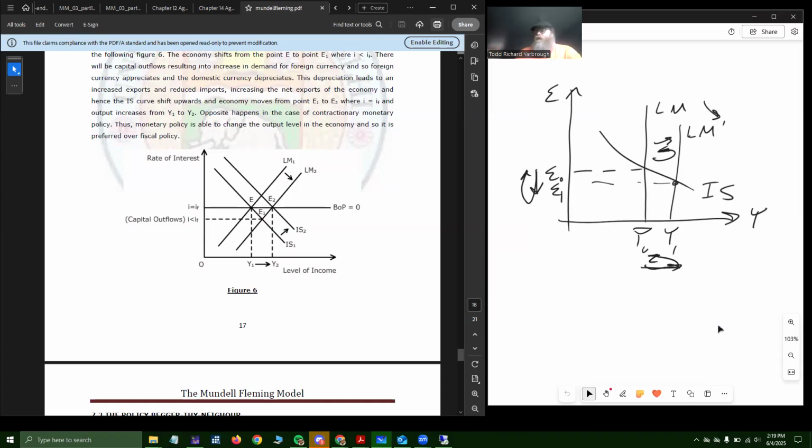So, the idea here is that it's a little bit tricky with Mundell-Fleming and prices. The really basic Mundell-Fleming model makes its assumption about fixed prices. And so we may not necessarily initially think in terms of aggregate demand shifts because we're fixing everything at a particular level of aggregate demand.